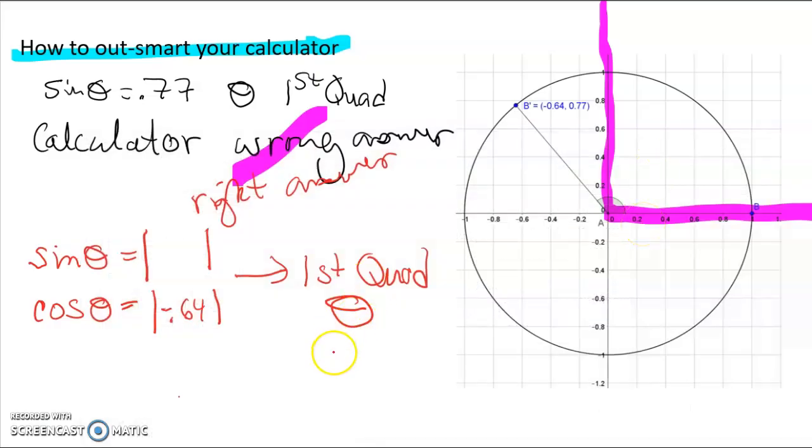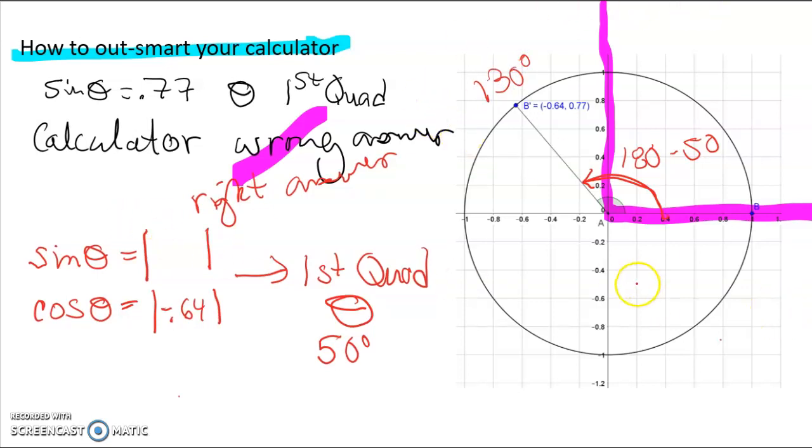So if my first quadrant theta is 50 degrees, that means the angle that I want is 180 minus 50. So what I really want is 130 degrees. That's the solution on how to find the angle measure.